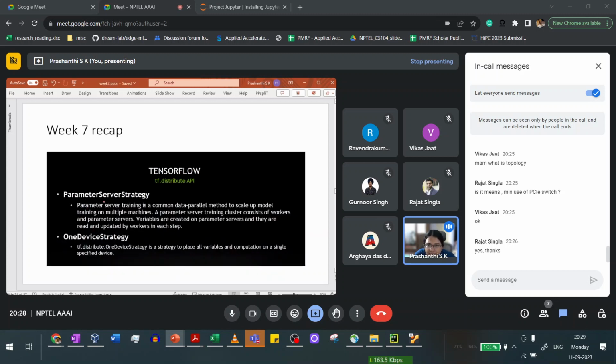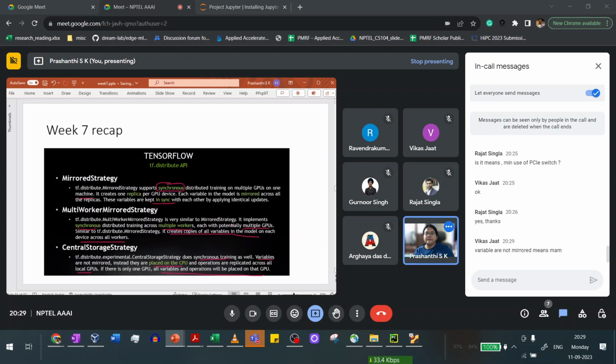Next comes the parameter server strategy. This is again a common data parallel method. It consists of multiple workers and parameter servers. Variables are created on parameter servers. Variables are not mirrored. So you don't create a copy for all of these variables.